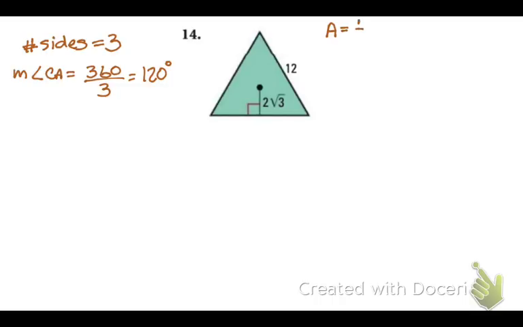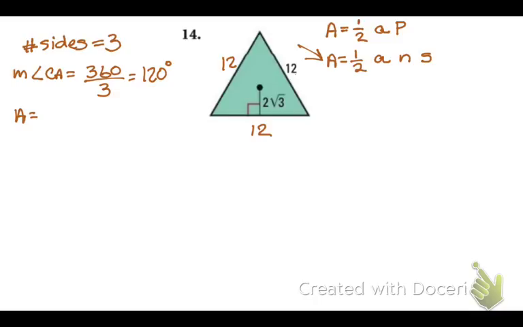One of them was 1/2 the apothem times the perimeter, and the other was A equals 1/2 the apothem times the number of sides times the length of the sides. So conveniently, we are given the lengths of the sides. And remember, these are regular polygons, so all these 3 sides are going to be the same. And there's 3 of them. So let's use this second formula.